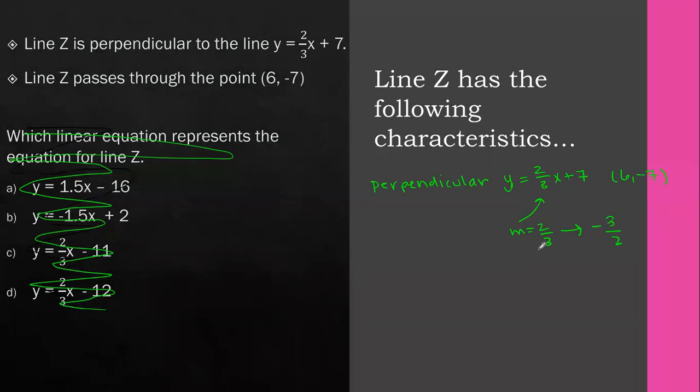All right. Y equals mx plus b. Y'all figure out the answer. So you know your slope is -3/2, and it passes through 6, -7. So figure out the answer.